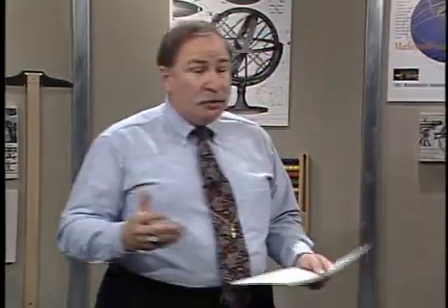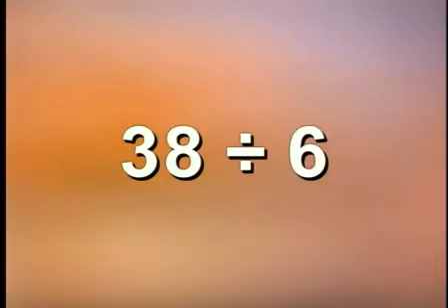But the problem is not all division problems work out. Not all division problems have nice, simple answers. I mean, yes, 42 divided by 6 is 7, and 55 divided by 5 is 11. But how about, as shown in the next visual, 38 divided by 6? What is 38 divided by 6?